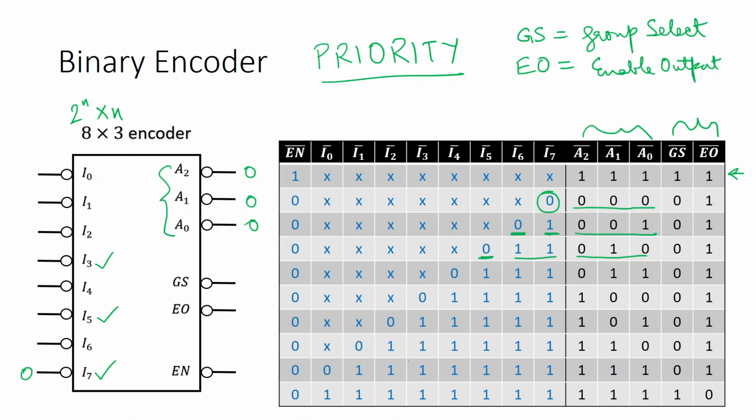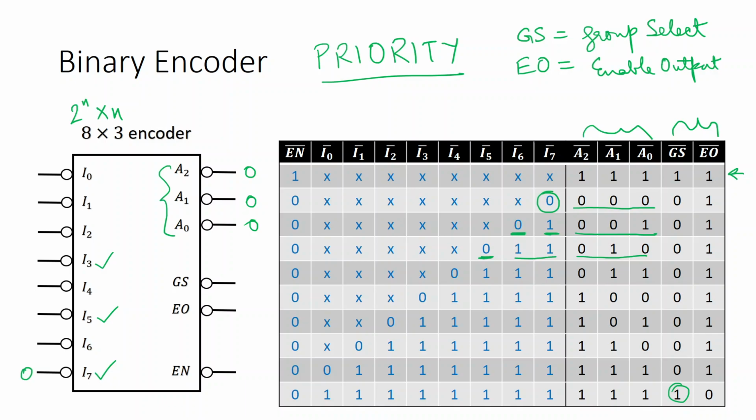In the last one, none of the input pins is activated, only enable is activated, but enable is not actually one of these I inputs. So none of these I inputs is activated, so the GS bar is 1. It is also inactive. That means in this particular encoder we are not receiving any activation signal.